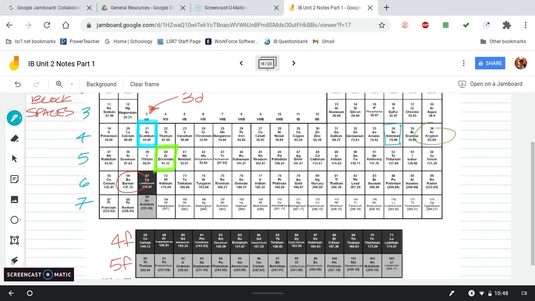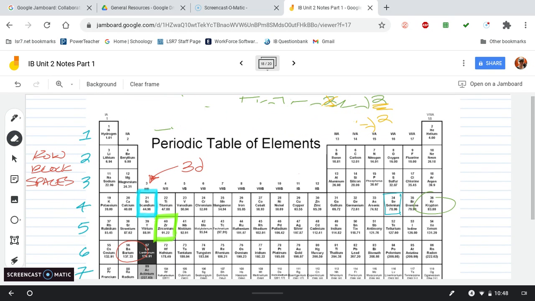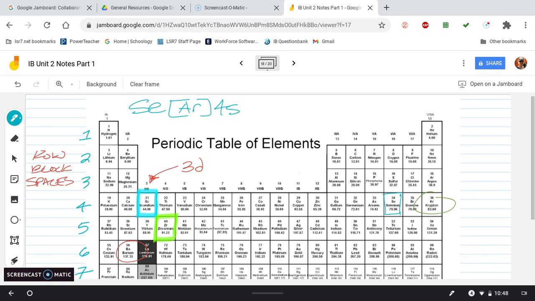So selenium, I'm going to clean this up, give me a little space. Now selenium is normally going to be argon. So this is a normal selenium. This is the one on the left side of your notes. It's going to be argon 4s2 3d10, and then it's going to be 4p4.